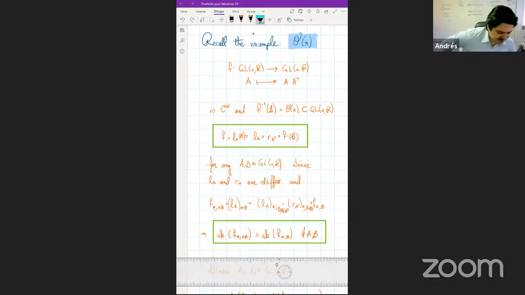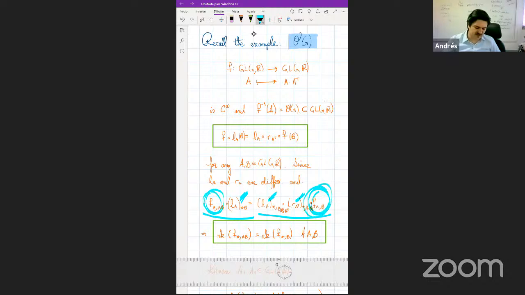So I can compute the differential using the chain rule. And now this linear map is non-singular, this is non-singular, this is non-singular. Hence, the rank of this map is the same as the rank of this, where A and B are any non-singular matrices.